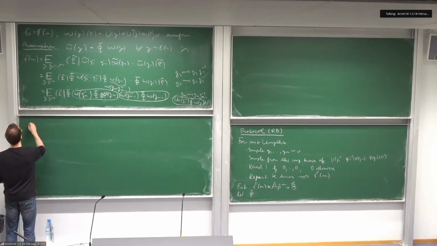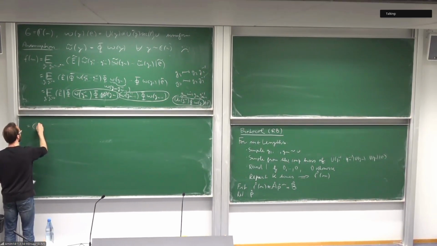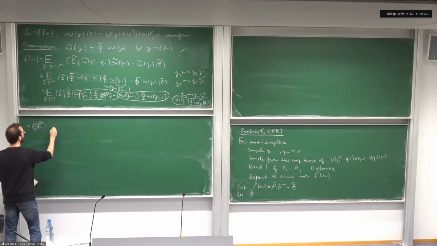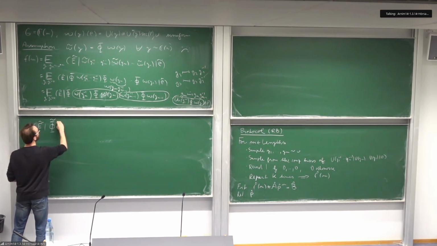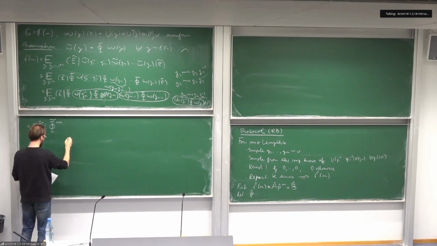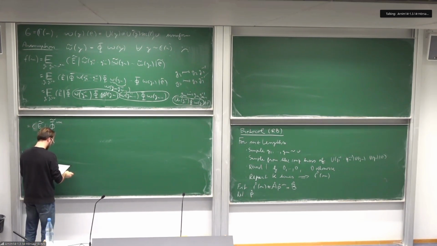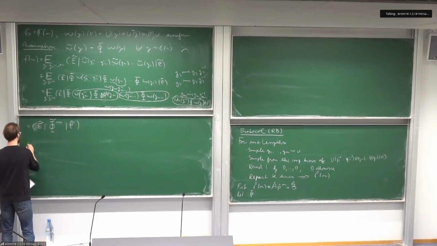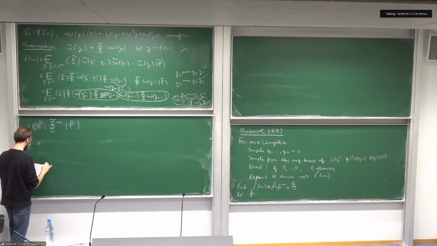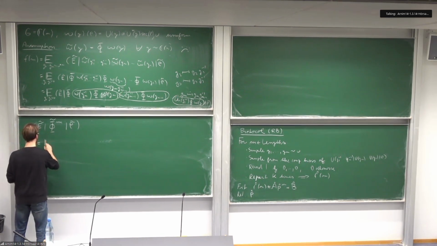Yeah, so equals E tilde, and then we just have this phi tilde to the power of n, and then we have rho tilde. And what this phi tilde is, it's defined as this twirl over the error chain.